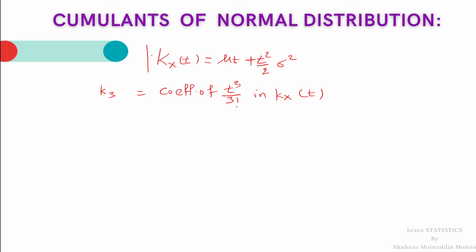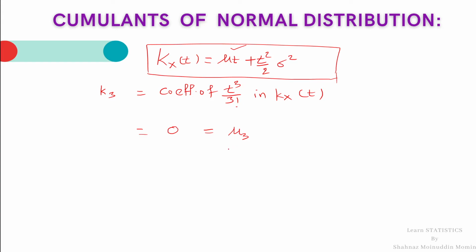From the expression, we see that there are only two terms. One is mu t and second is t square by 2 sigma square. There is no term containing t cube by 3 factorial. Hence, the coefficient of t cube upon 3 factorial is 0. So the third cumulant is 0, and we know that the third cumulant is the same as mu 3. Hence, the third central moment of the normal distribution is 0.